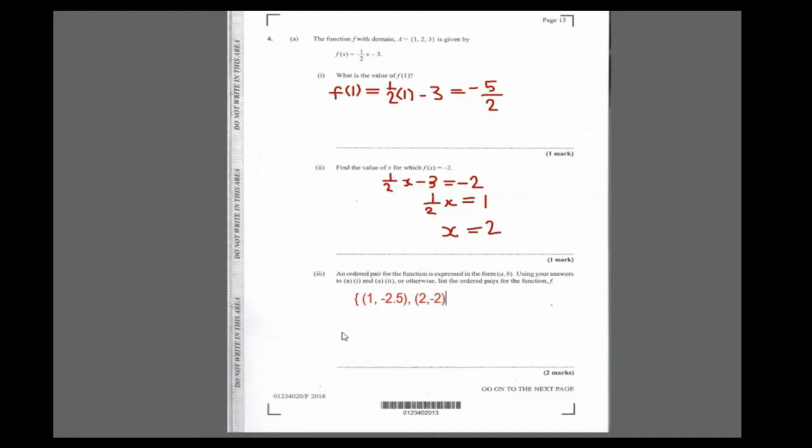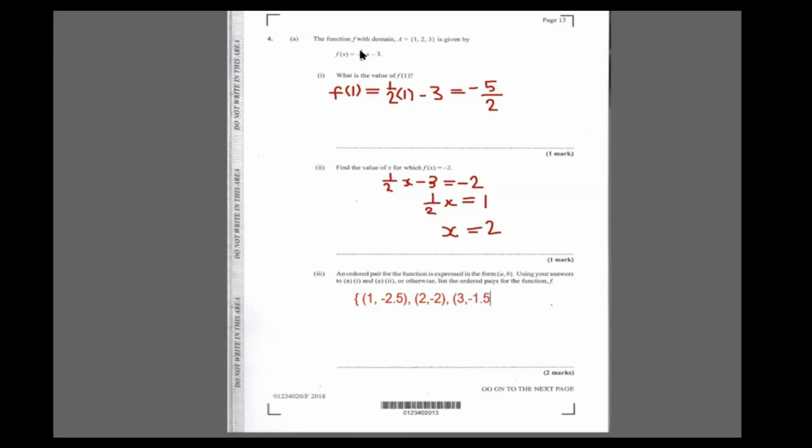Then the last ordered pair is when x is 3. Plug in 3 for x in the function: a half of 3 minus 3. So 0.5 times 3 minus 3, we get negative 1.5.